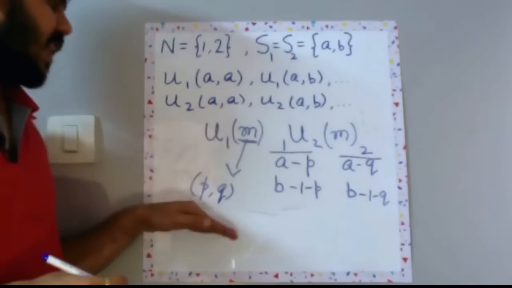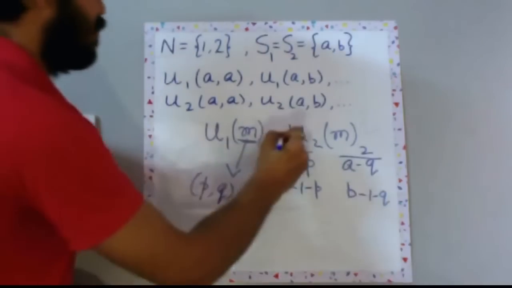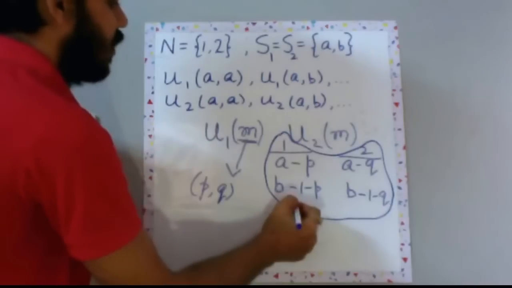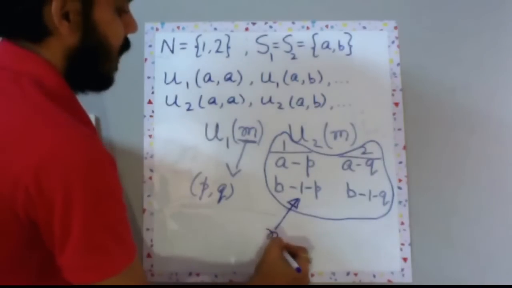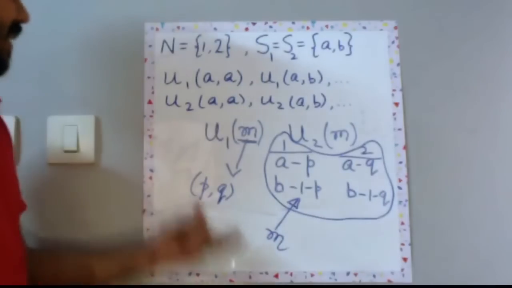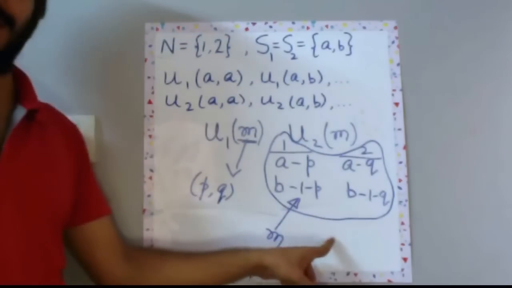This would suffice to represent this particular choice of probabilities, because we do not need to write all of this, as pq is summarizing this behavior.